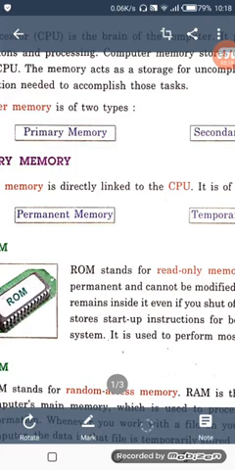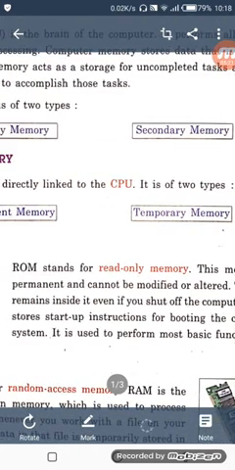This memory is permanent and cannot be modified or altered. The data remains inside it even if you shut down the computer or the power is off. It will not get deleted.